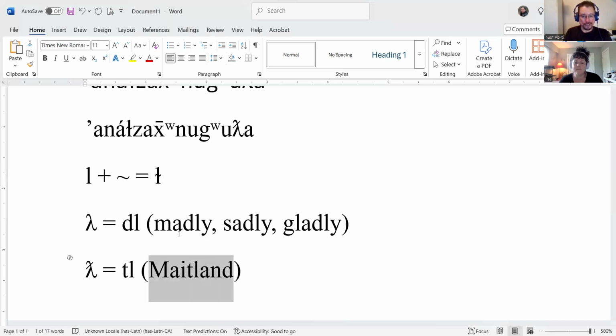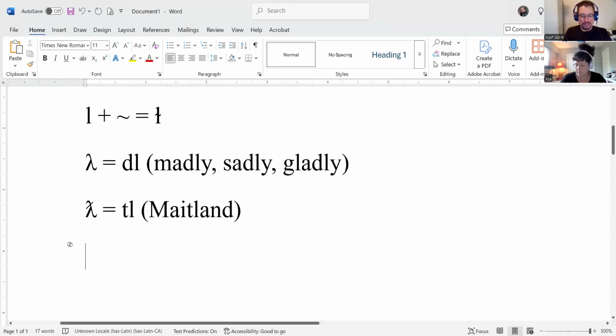But this is what I was talking about before, about starting off with one symbol and then modifying it. So the lambda by itself makes a DL sound. The lambda with a line through it makes a TL sound. It becomes a barred lambda. And then we have another variation where you have a lambda with a line and then an apostrophe on top.